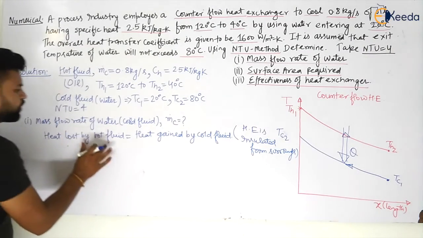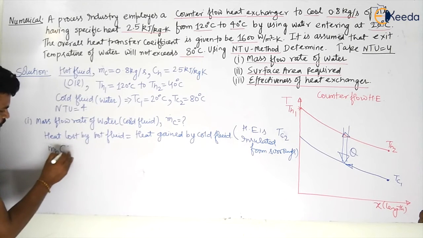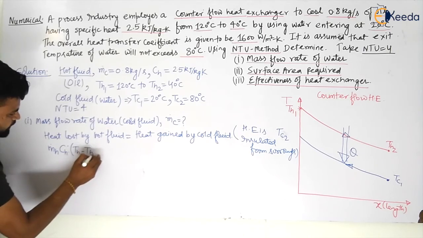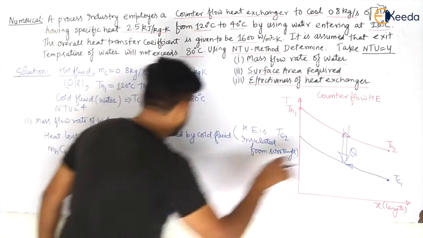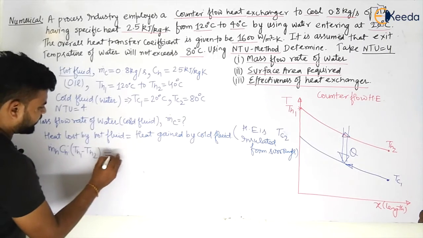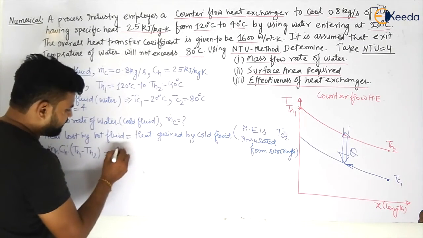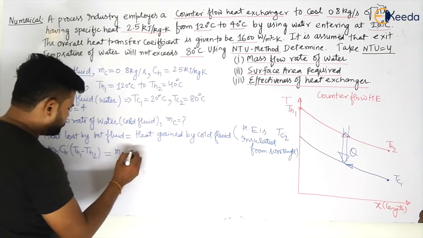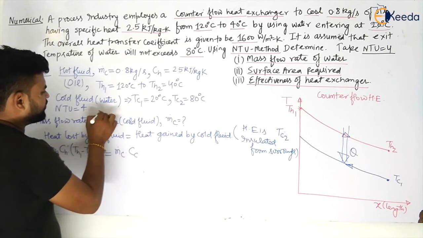Now, heat lost by the hot fluid will be equal to how much? This will be given by m dot h Ch, cooling from Th1 to Th2, so Th1 minus Th2. It is losing its heat. This will be equal to the heat gained by the cold fluid, which is m dot c, the mass flow rate of the cold fluid, times the specific heat Cc.